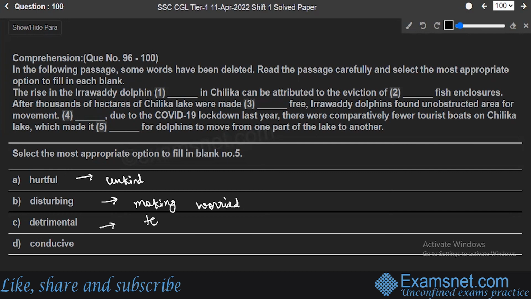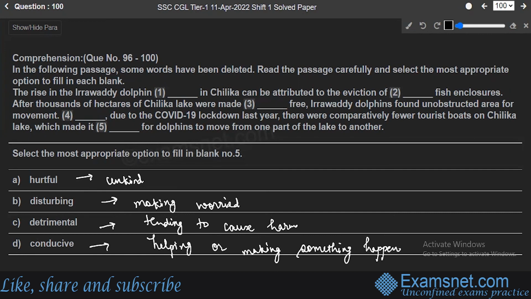Detrimental means tending to cause harm, and the word conducive means helping or making something happen. All right.